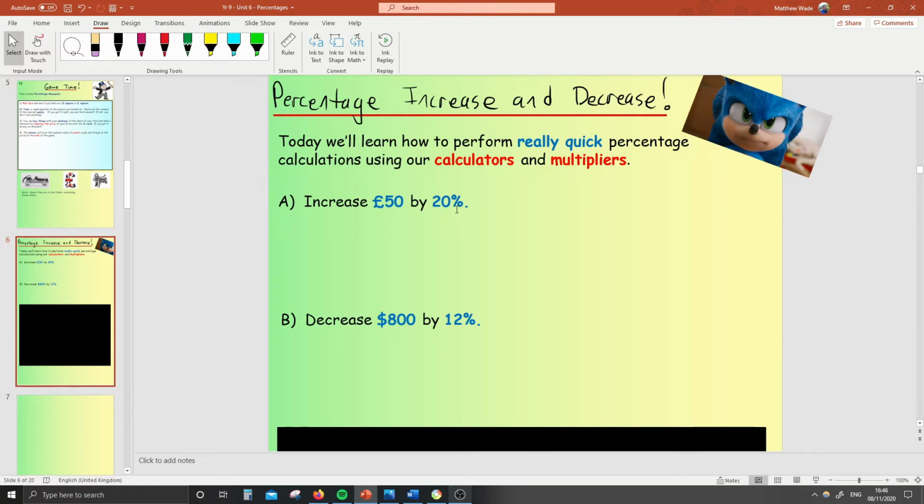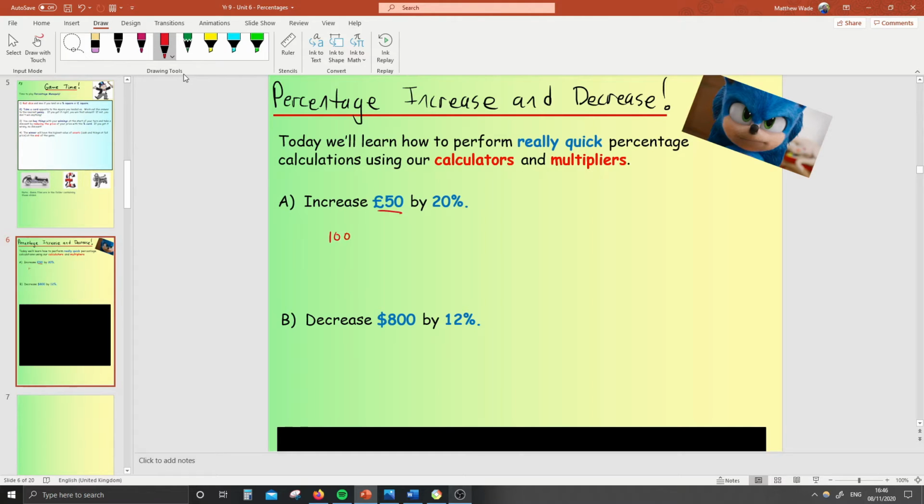Increase 50 pounds by 20%. You already know the answer is 60, but let's do this in a different way. Here's how you do it in your calculator using a multiplier. To start with, we've got 50 pounds. What percentage of what we have is that, if that's everything we have to start with? That's right, it's 100%.